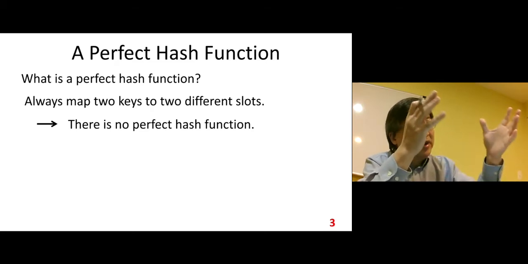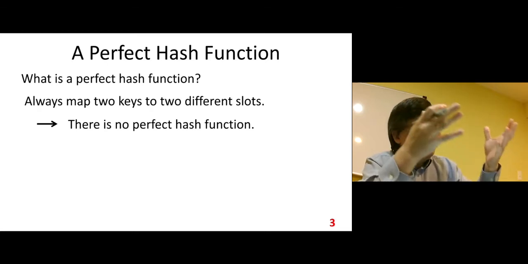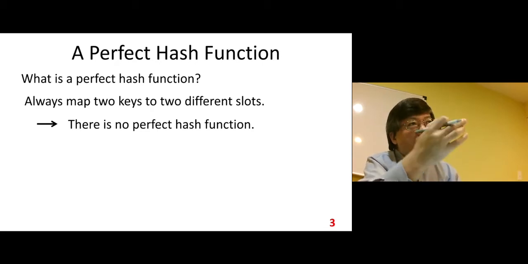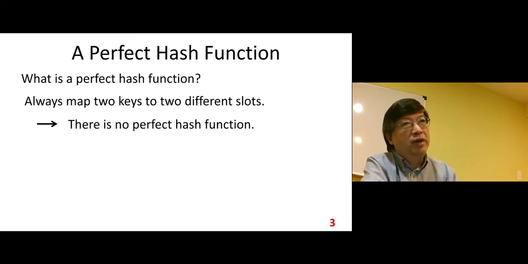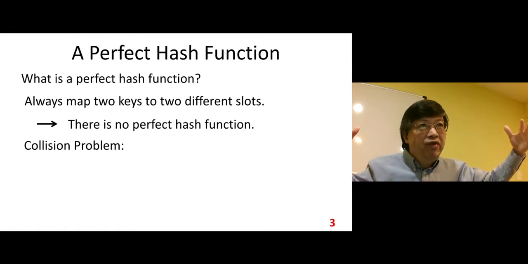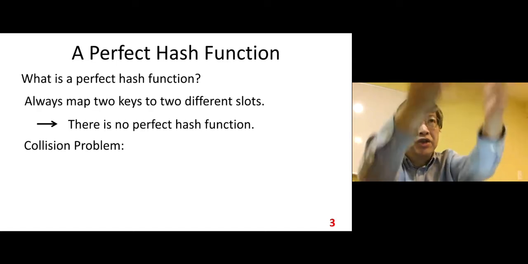So you can only expect to get a hash function that works well most of the time, based on our three criteria. Not 100%. You cannot expect it to work well 100% of the time. Next, we need to look at the collision problem, because two different keys may be mapped into one slot, and then a collision happens.